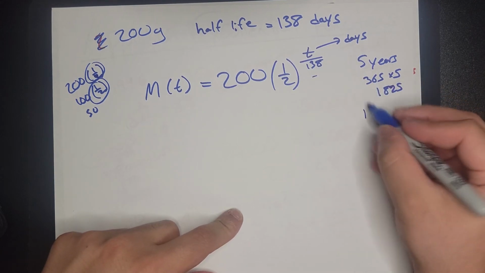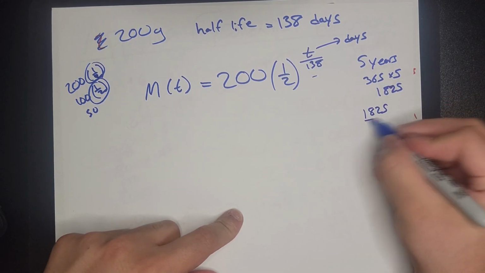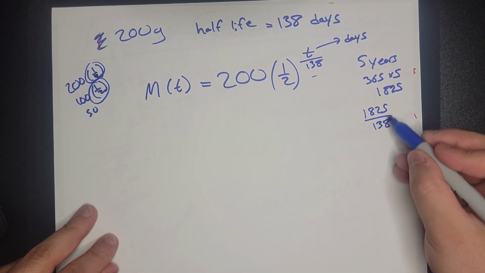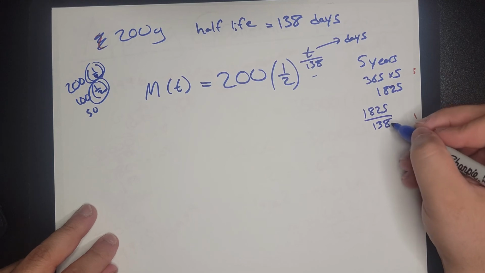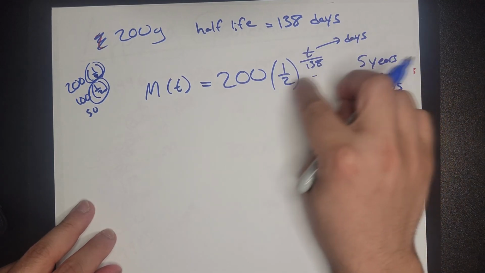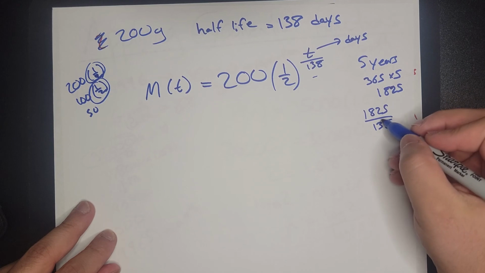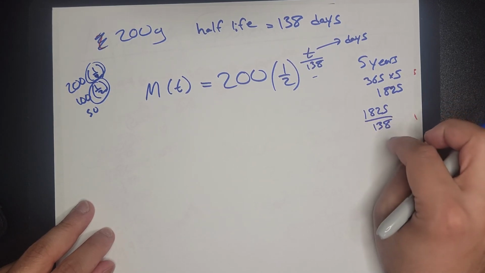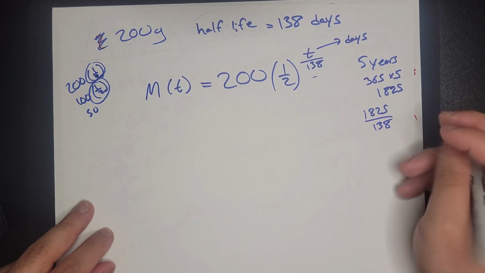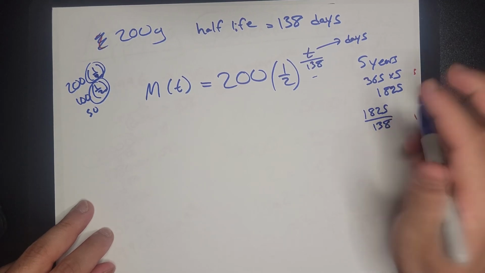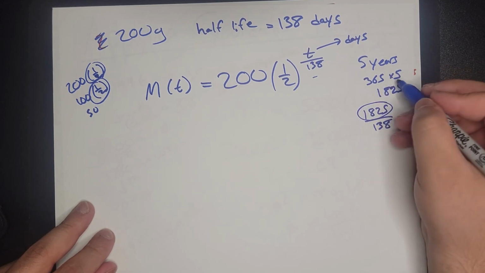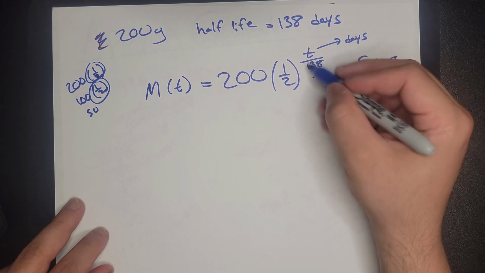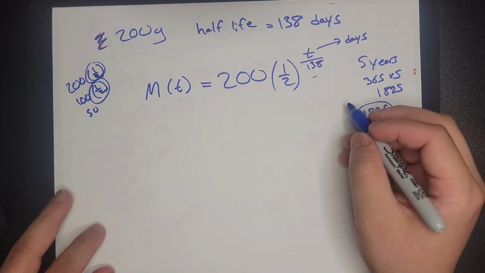Why is that divided by 138? I'll tell you why. Because every 138 days, we're going to multiply it by a half. So out of 1825 days, we're going to divide it by 138, and that'll give me how many half-lives I'm going to have in this span of 5 years. How many times is this going to reduce by half?